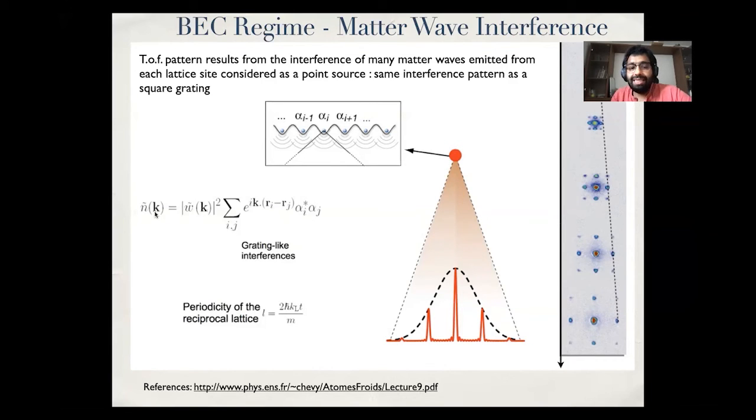So this is basically the Fourier transform of the BEC wave function, with all of the atoms in the ground state, in the k equal to 0 Bloch state, for instance. And of course, this is basically the average of a_i dagger a_j. So you need correlations, or coherence, between different sites to exist. If that is not there, you do not get this interference pattern.